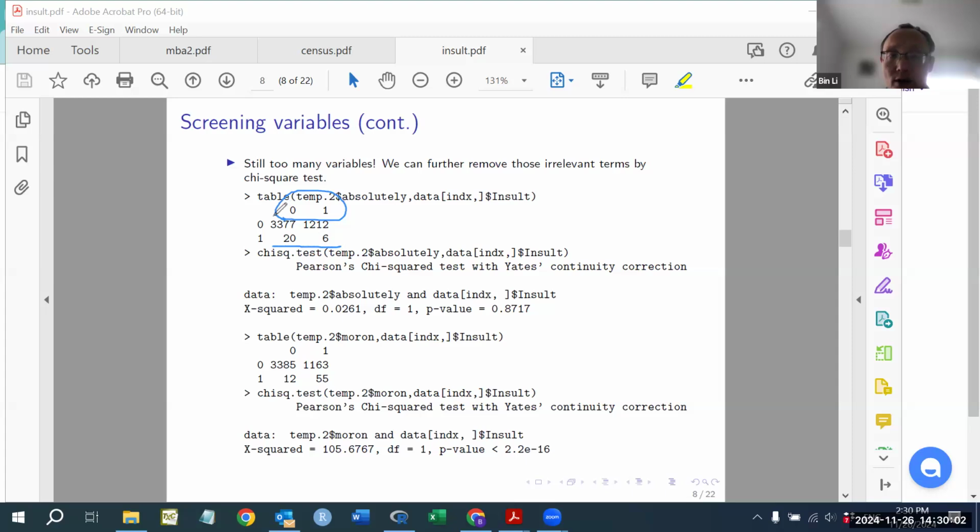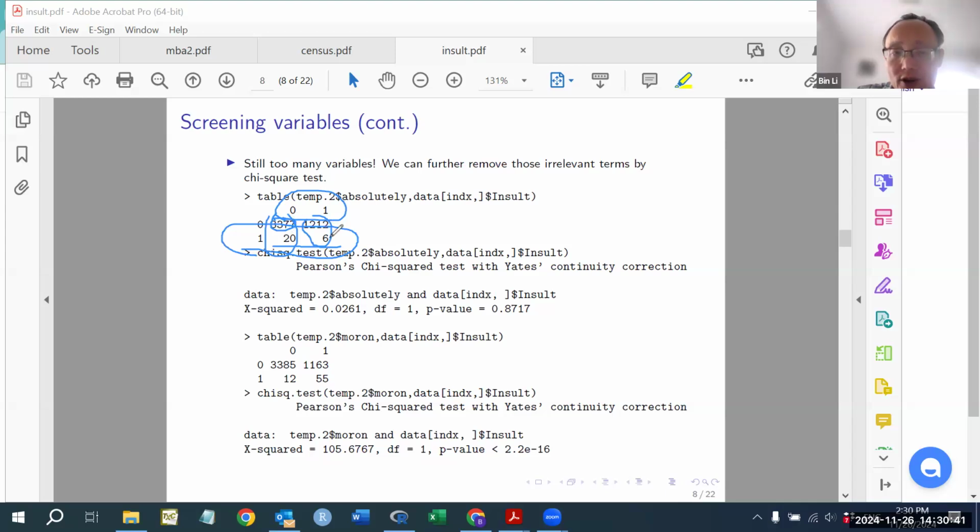Look at the ratios. What is the ratio between these two? It's about 1 times and 3 times. We have about 1/4 of the documents that are insulting and 3/4 that are neutral. And we have 26 documents containing absolutely.